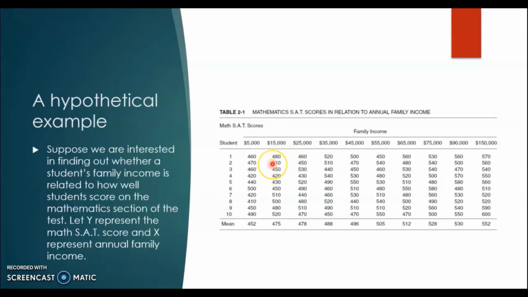The second student that belonged to this same group scored 510, and on average, the SAT score for this second group of students is 475. And we can use the same explanation for the third until group number 10, where for group number 10, the average SAT score for the mathematics section is 552.